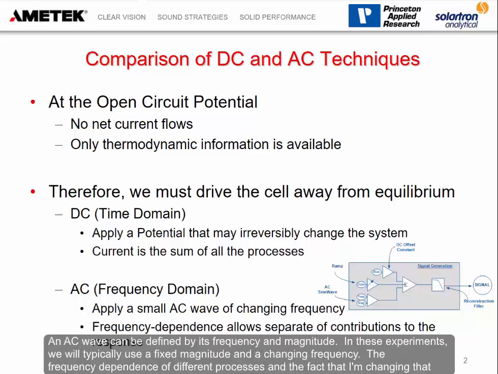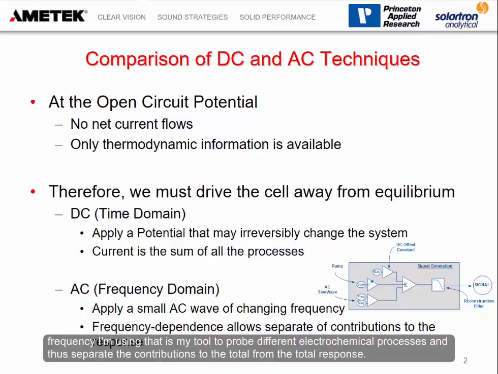So an AC wave would be defined by its frequency and magnitude, and these experiments will typically use a fixed magnitude and a changing frequency. The frequency dependence of different processes and the fact that I am changing that frequency, I'm using that as my tool to probe different electrochemical processes and thus separate their contributions from the total response.